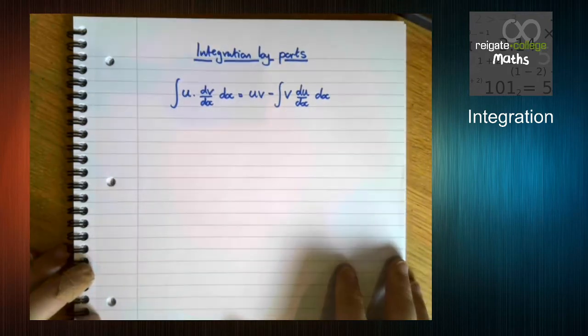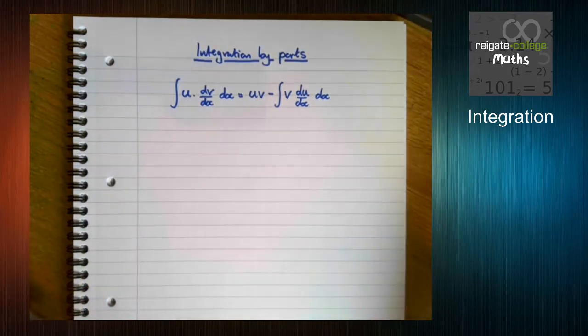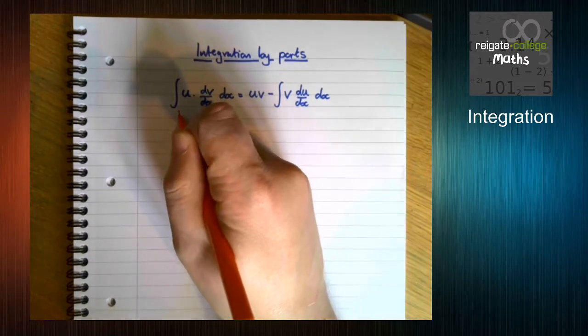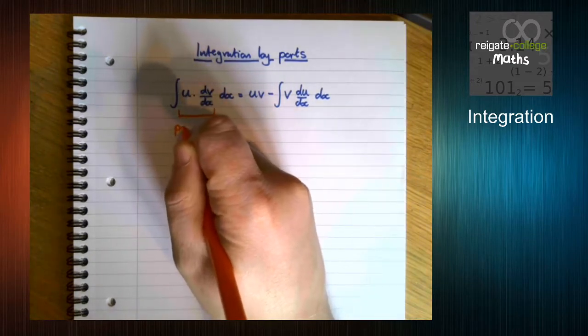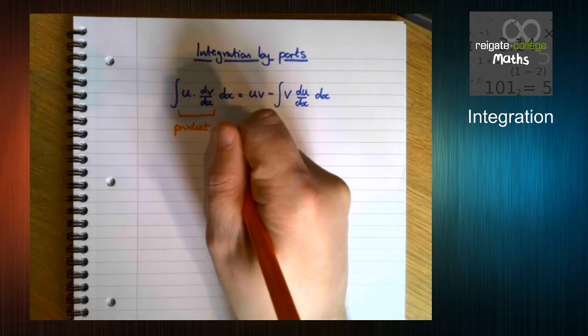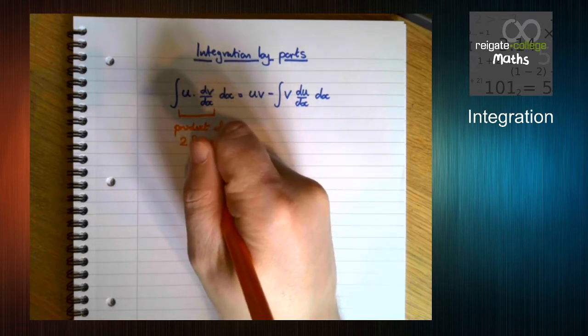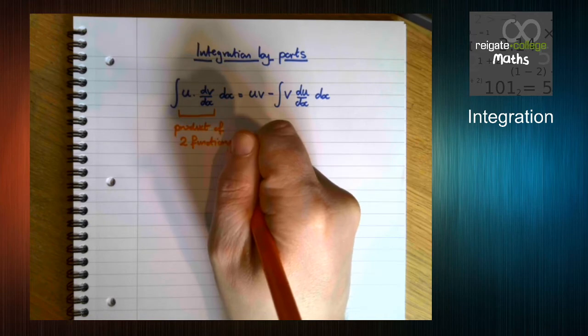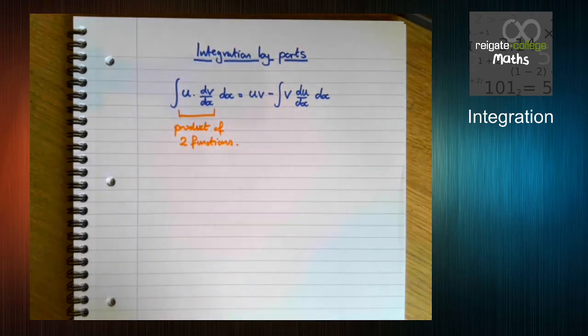When is integration by parts used? When we are integrating a product of two functions. Typically, when integration by substitution doesn't work. With all the substitution questions you've been doing, you've probably noticed there's some link.